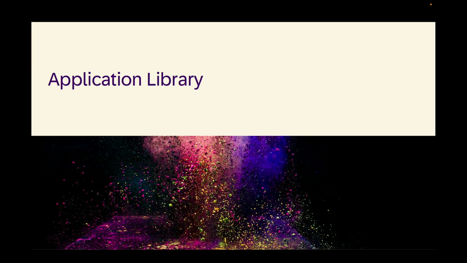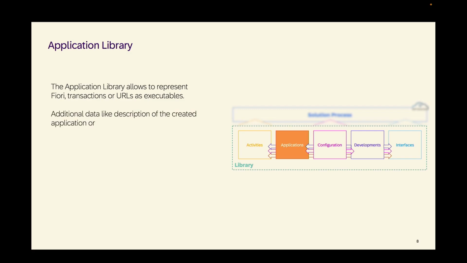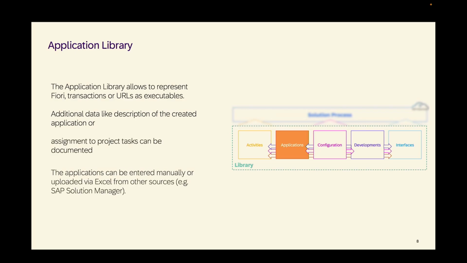So if you would look at your tenant very, very close, then you would see already right now exactly the availability of the application library. And the application library can reflect or can collect the information about the Fiori transactions or URLs as executables. It can have the descriptions as we have seen before.